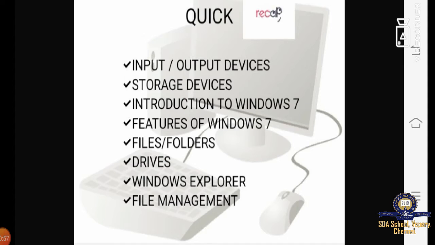Shall we have a quick recap of what we have studied in the previous class? We have studied about input and output devices. We studied about storage devices. We studied Introduction to Windows 7, features of Windows 7, files and folders, drives, Windows Explorer, and file management.